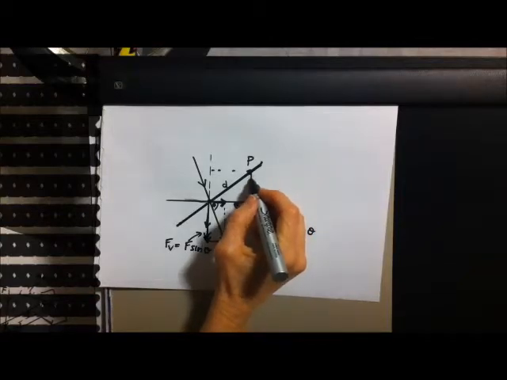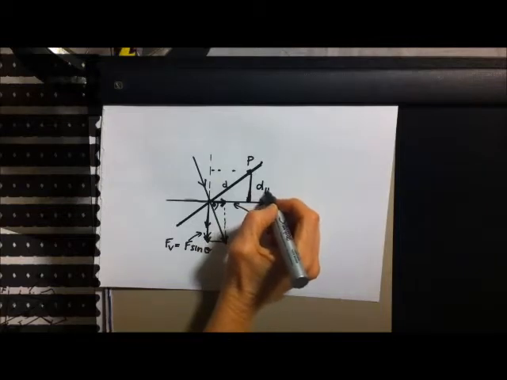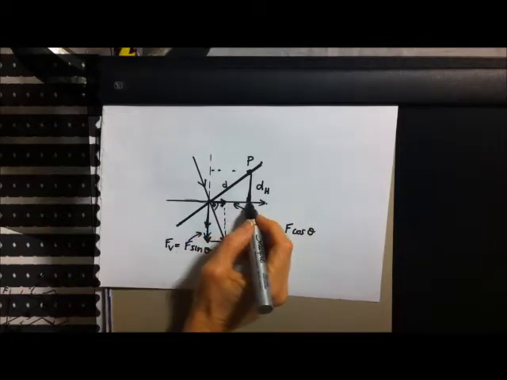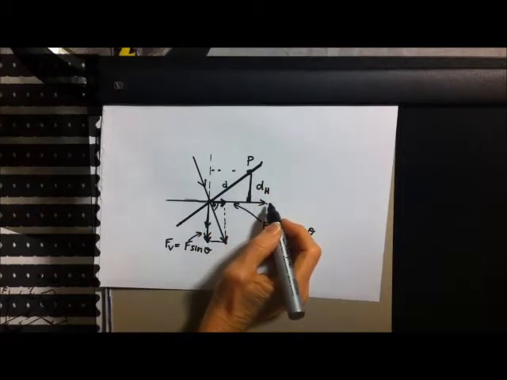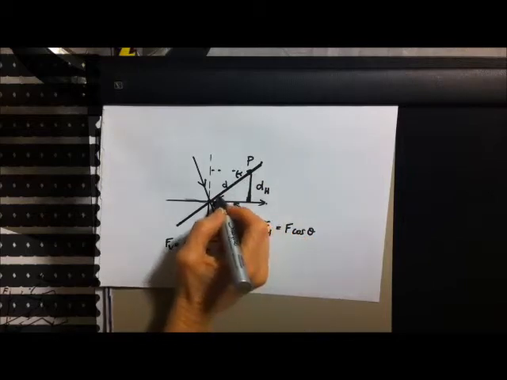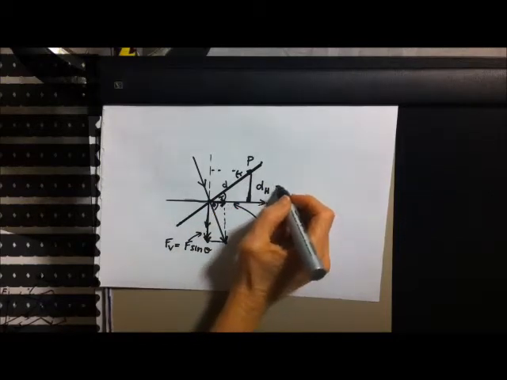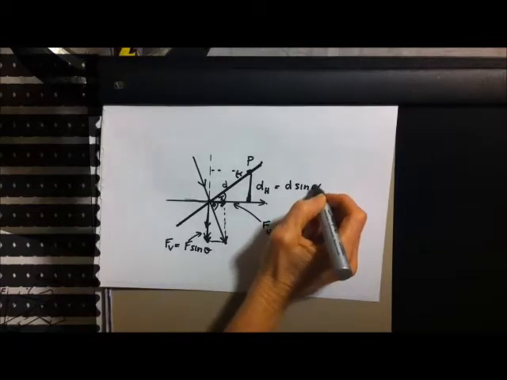We'll call it DH because it is the perpendicular arm for the horizontal component. Say we know that this angle here is alpha, well then we know that angle there is alpha, well then we know that this would be D sine alpha.